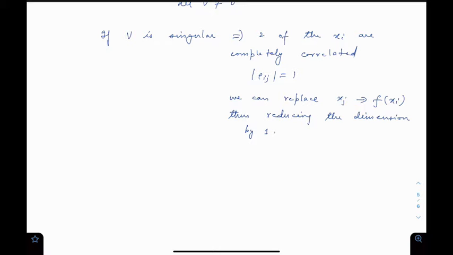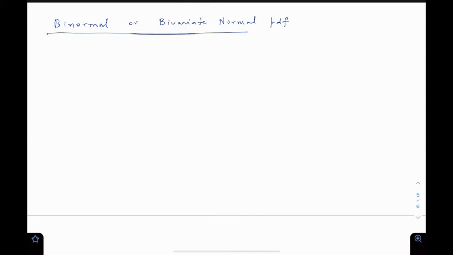So the special case of the multivariate Gaussian or multivariate normal is the binormal or bivariate normal PDF. So this is the multivariate normal PDF for 2 dimensions.